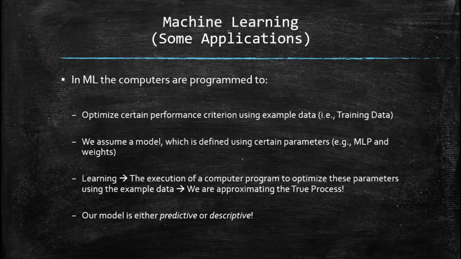Again, when I say optimize, remember that we are estimating the true function g using our model, using our estimate. So basically our estimate would be f. We want to approximate g as well as possible, right?